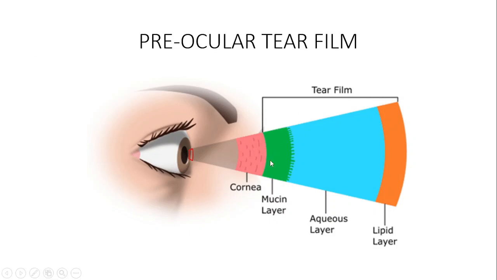How much of it do you usually have on your eye under physiological conditions? You have between 7 to 10 microliters on the surface of the eyeball under physiological conditions. Remember that all what you have here is just demonstrative.